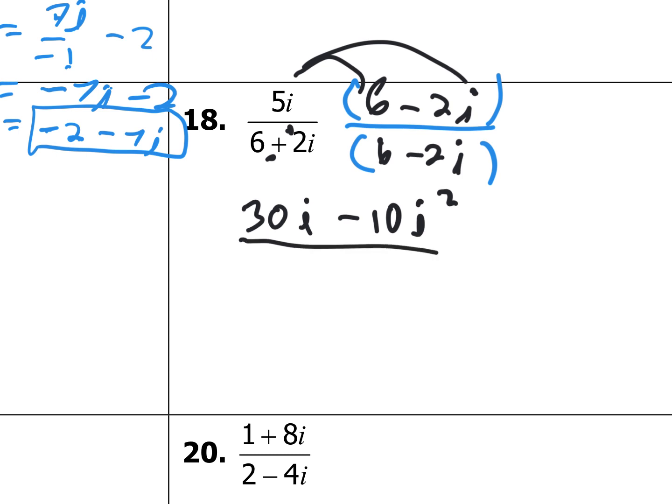Over the bottom. You want to do FOIL? Go ahead. But I'm going to do it the easy way. I'm going to go 6 times 6, 36, plus a what? What do you think it's going to be? 2 times 2. 4.